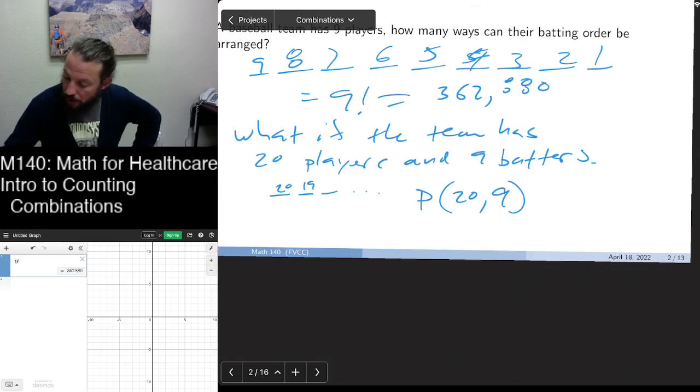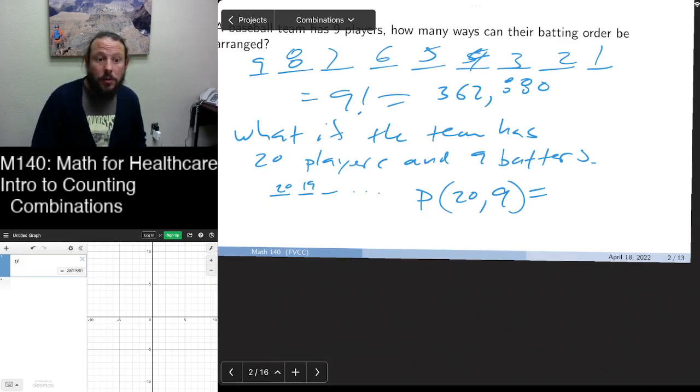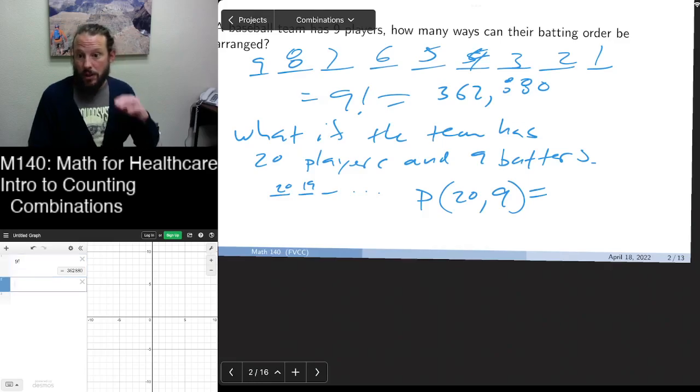So there's some orderings here, right? It's going to be 20 times 19 times 18 times 17 times 16 times 15 times 14 times 13 times 12. But instead of thinking about that big long list, we're going to take advantage of Desmos.